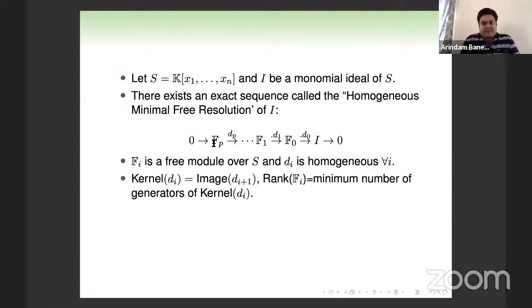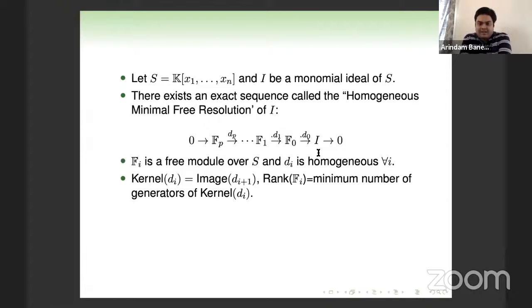There's a condition we need. The kernel of each of these d_i will be the same as the image of the next one. That's the exactness condition. And the rank of each F_i has to be the minimum number of generators of each of these kernels.